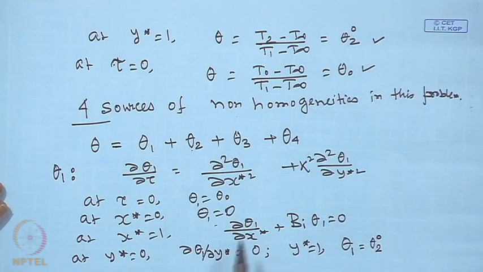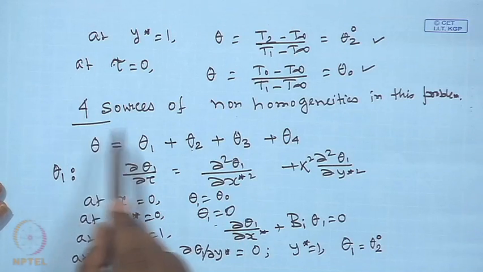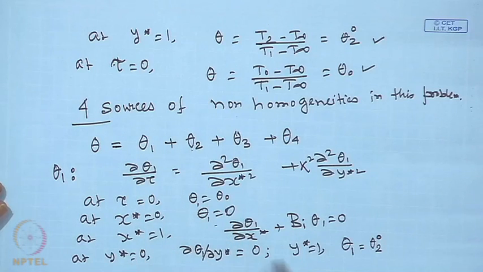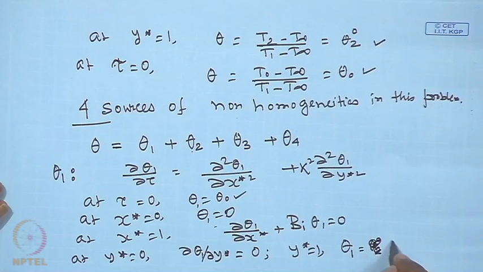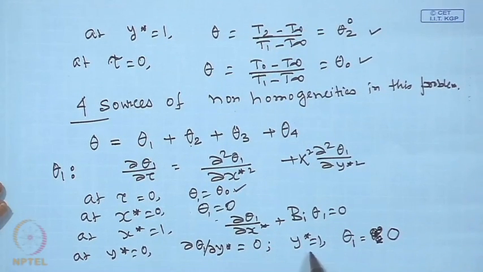So, what we did, out of the 4 sources of non-homogeneities in this particular problem of definition of theta 1, we kept one non-homogeneity intact and we forced all the other 3 non-homogeneities to vanish. So, we have one non-homogeneity here, this is already homogeneous, the boundary condition at y star equal to 0 is forced to be homogeneous, the boundary condition at y star equal to 1 is forced to be homogeneous.